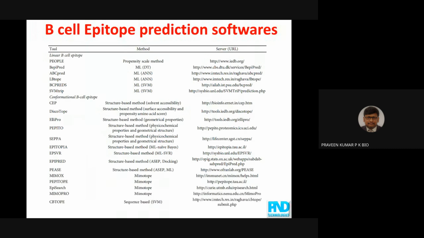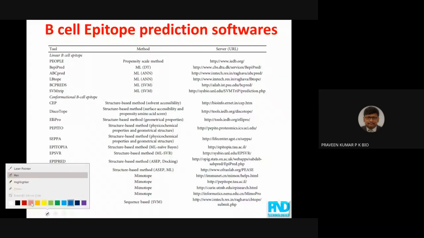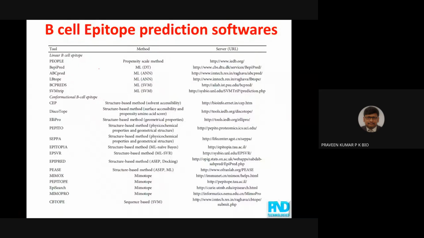Next to this, we'll be discussing B cell epitope prediction tools. We have plenty of tools for predicting B cell epitopes, other than what we have seen in the Raghava web server. For linear B cell epitopes, we have BepiPred, ABCpred, LBtope, BCPreds, SVMTriP.